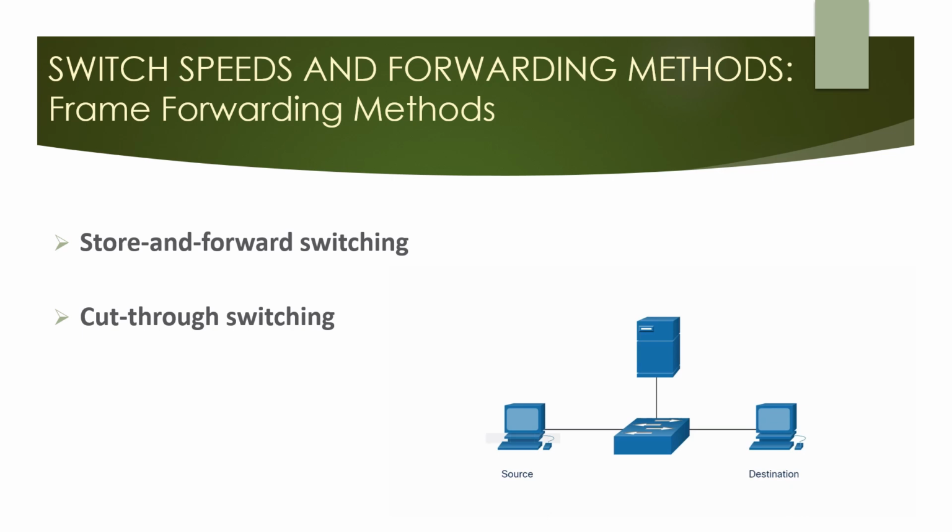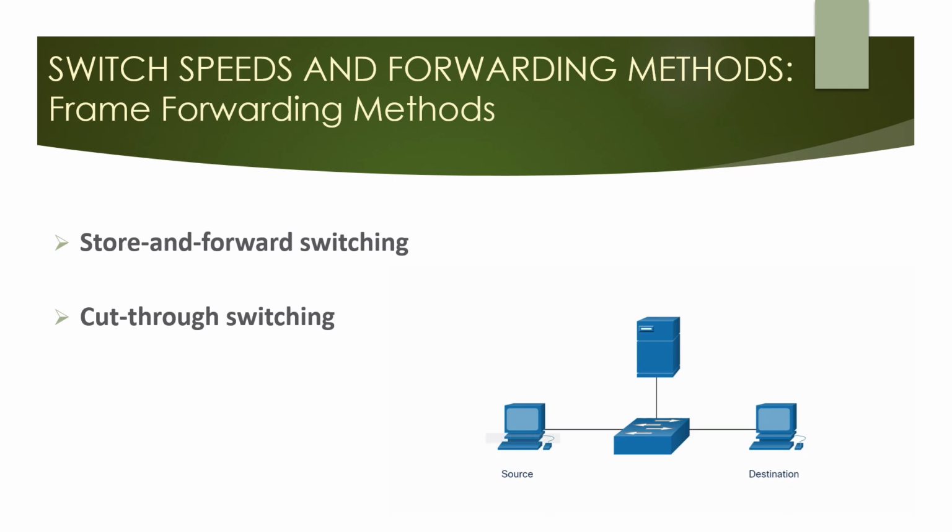A big advantage of store and forward switching is that it determines if a frame has errors before propagating the frame. When an error is detected in a frame, the switch discards the frame. Discarding frames with errors reduces the amount of bandwidth consumed by corrupt data.